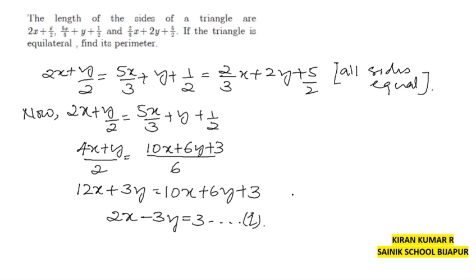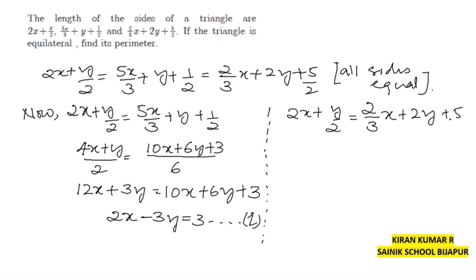Likewise, I have to find the second equation now. Let me consider the first one with the last one. First one is 2x plus y by 2 equal to, the last one is 2 by 3 x plus 2y plus 5 by 2. Once again, take the LCM.